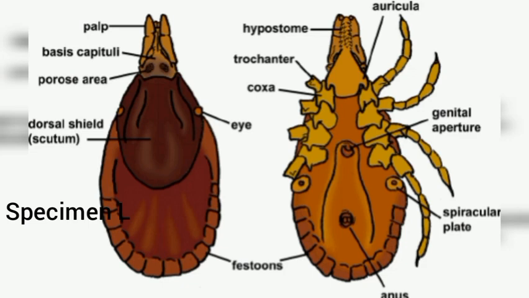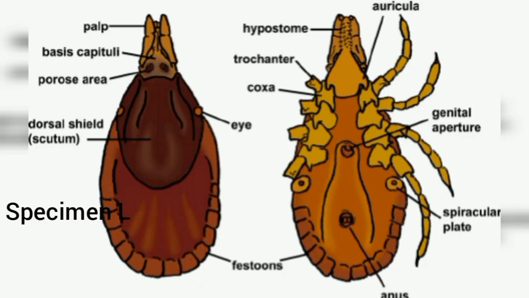So their metamorphosis is incomplete. Let me discuss briefly about their reproduction. The male tick, when it gets to the host, finds the female so that they can reproduce. When they reproduce, the male dies off immediately.